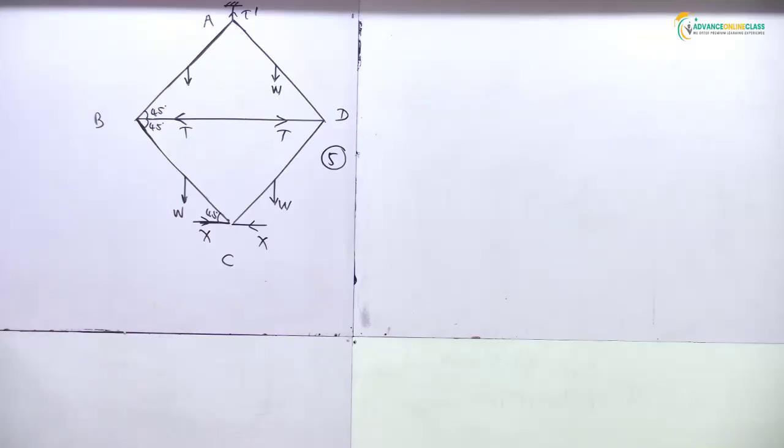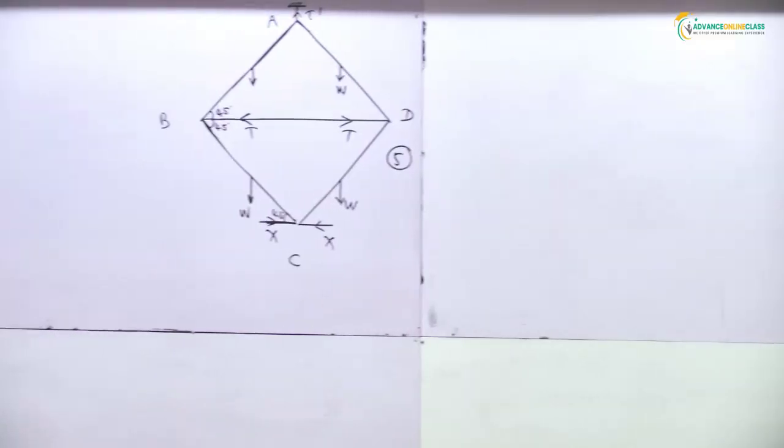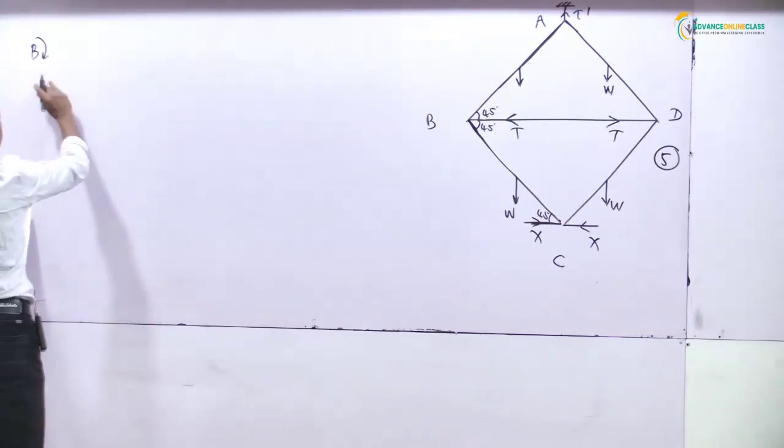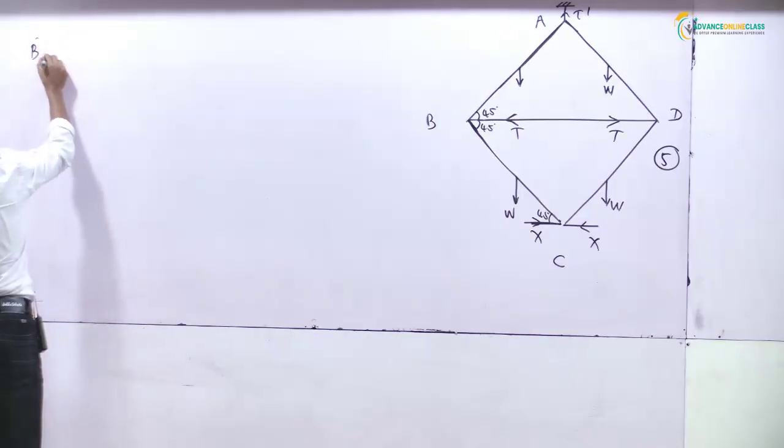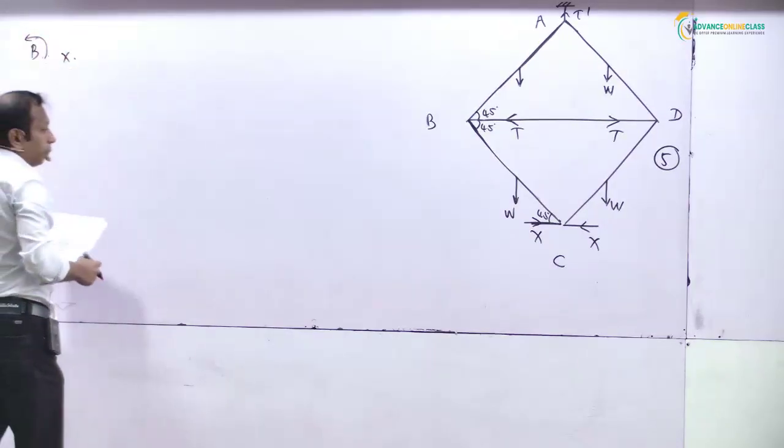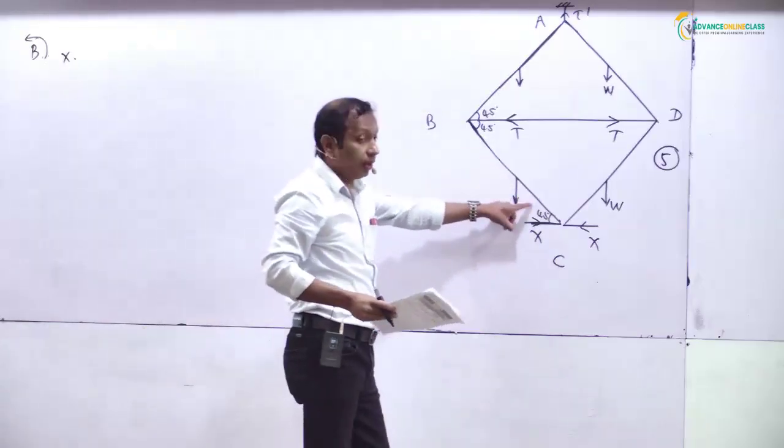We take moments around B. Taking moments around B, we'll take anticlockwise moment. X into, let us take this length as 2a.